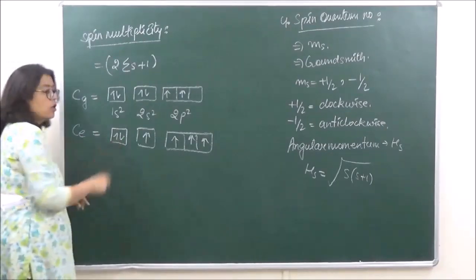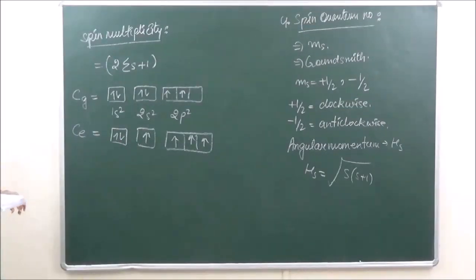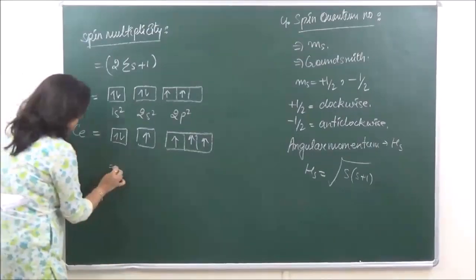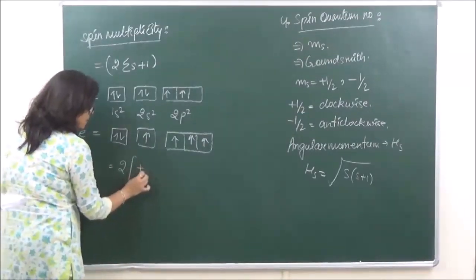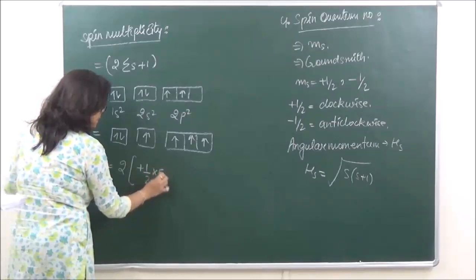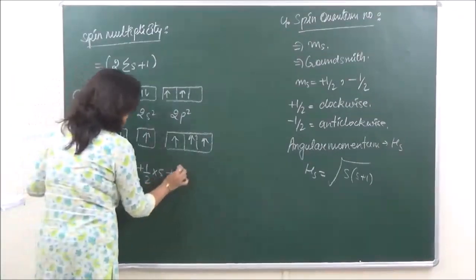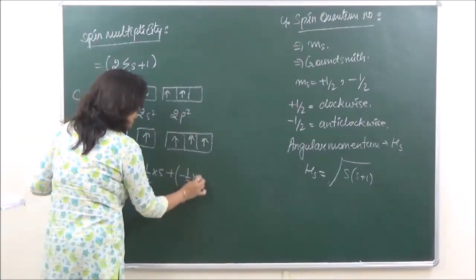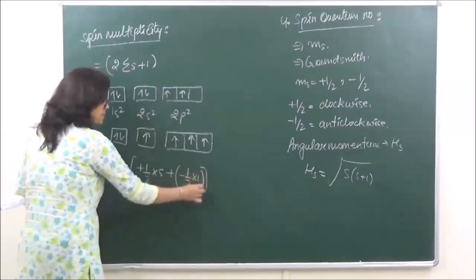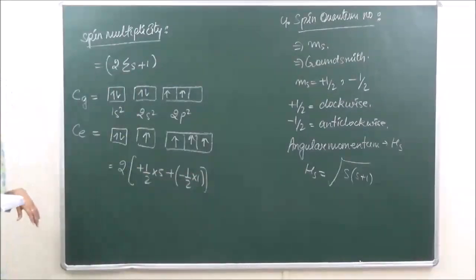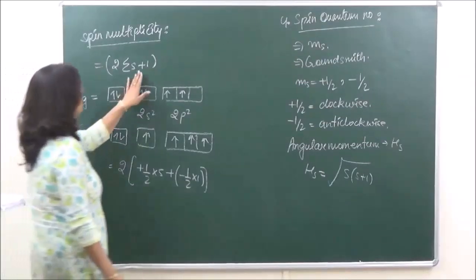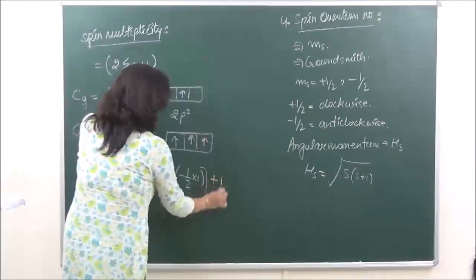And there is no electron which is spinning anti-clockwise. So in order to calculate the spin multiplicity, what is the formula over here? 2 into summation of spins, plus 1.